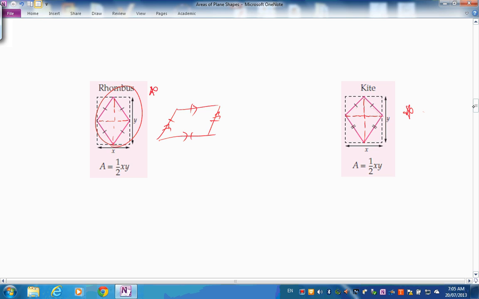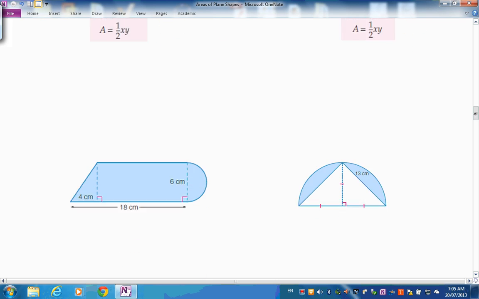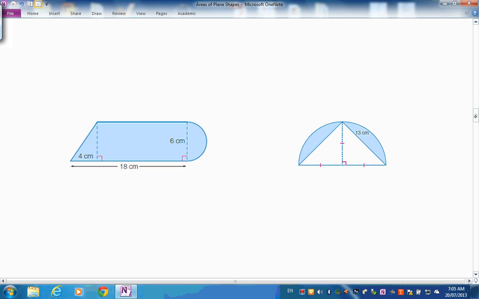Let's go on now and have a look at how we can use all this stuff. First of all, we've seen the plane shapes, but what we want to do now is have a look at composite figures. They're composed of various basic shapes. Let's have a look at this one over here. We see a rectangle, a triangle, a rectangle, and a semicircle.